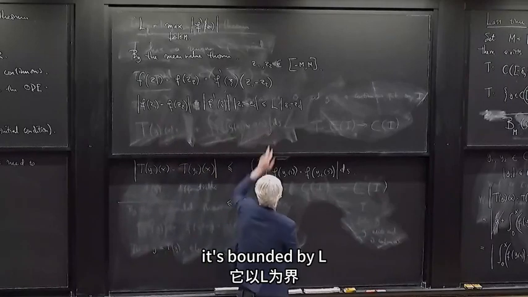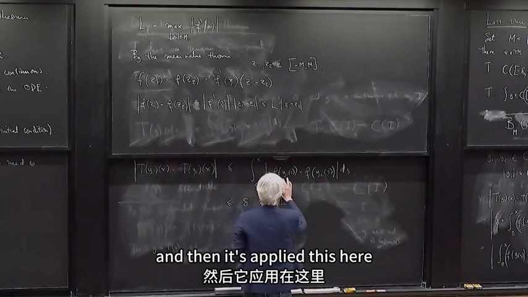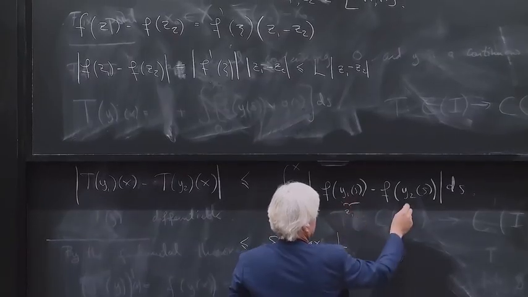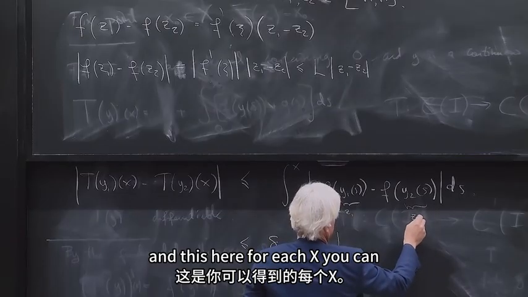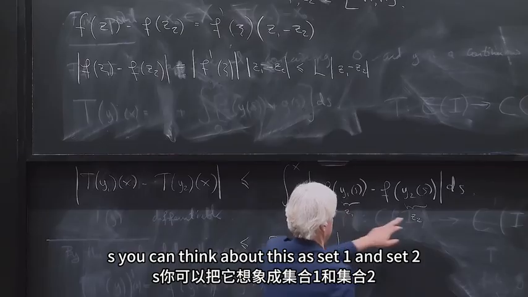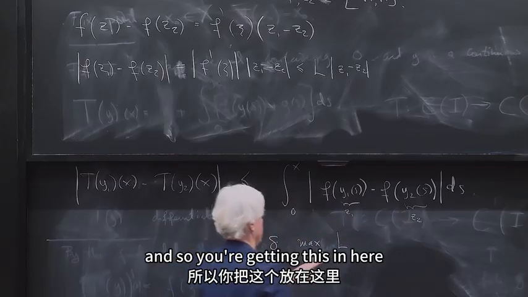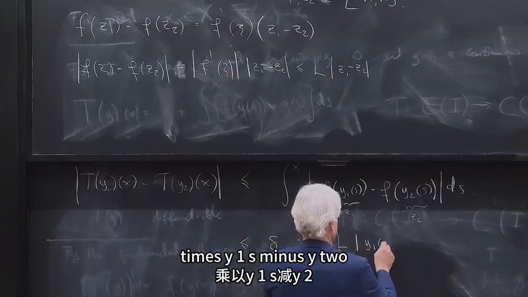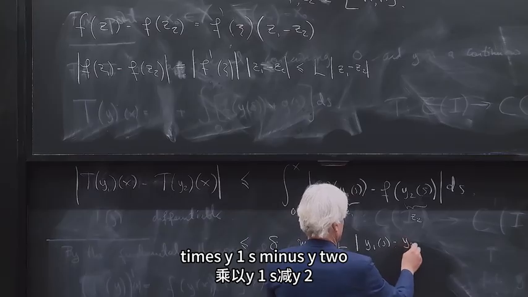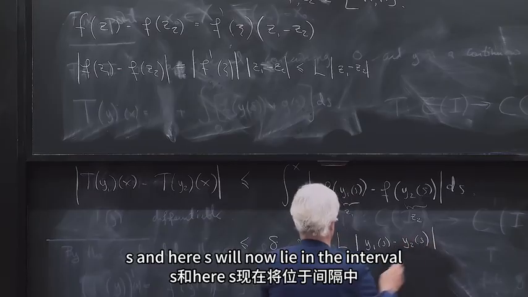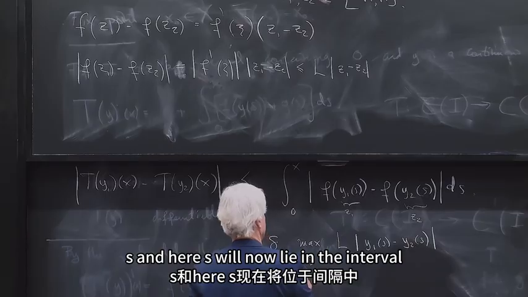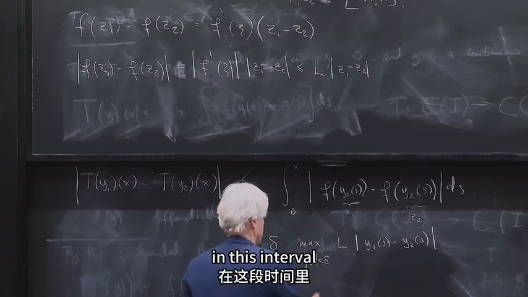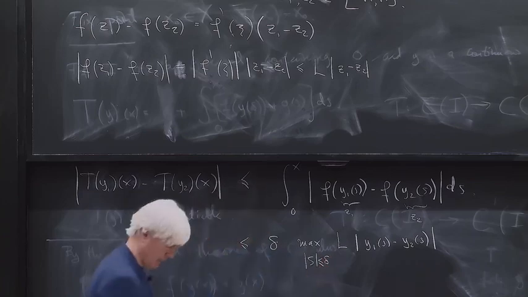For each x, you can think of this as Z1 and Z2, and so you're getting this thing times the absolute value of y1 of s minus y2 of s, and here s will now lie in this interval here.